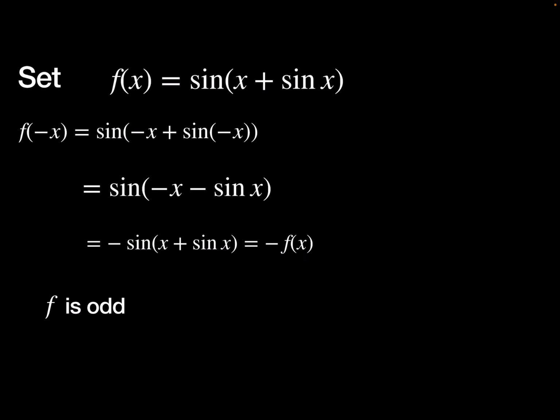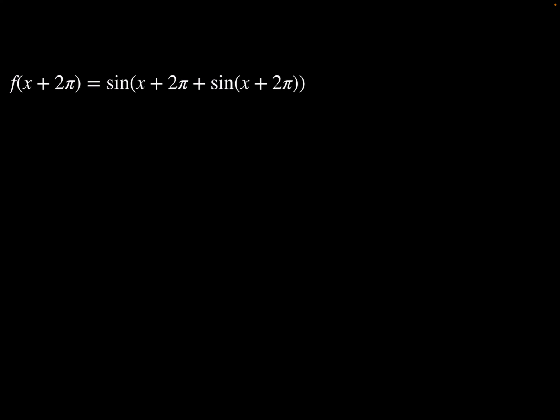Now let's check that it's 2 pi periodic. So we want to compute f of x plus 2 pi. This is equal to sine of (x plus 2 pi) plus sine of (x plus 2 pi). Now the inside function is a sine, and it's 2 pi periodic. So I'm using property P3. So this is equal to sine of (x plus sine of x) plus 2 pi.